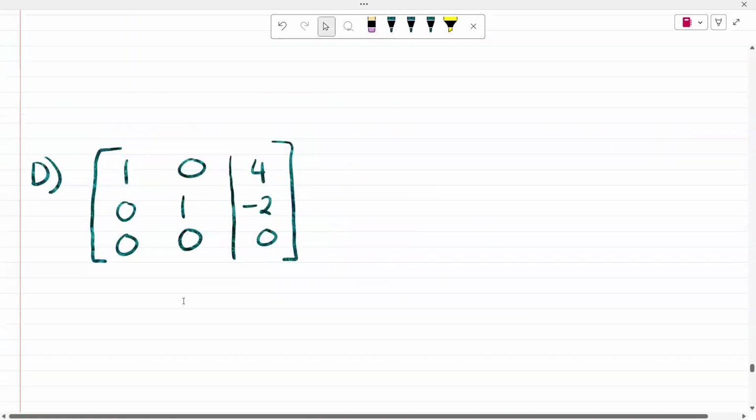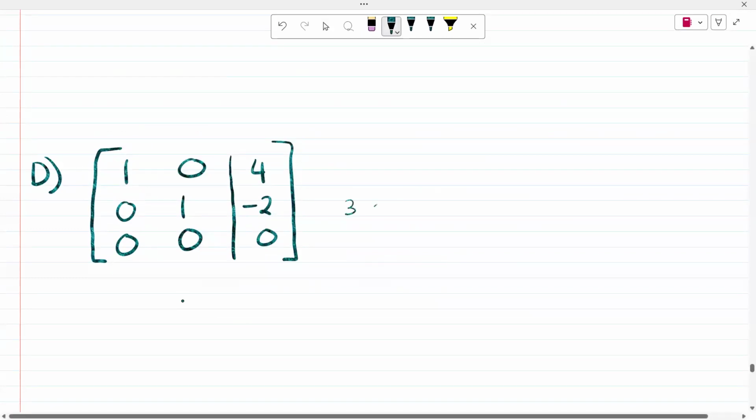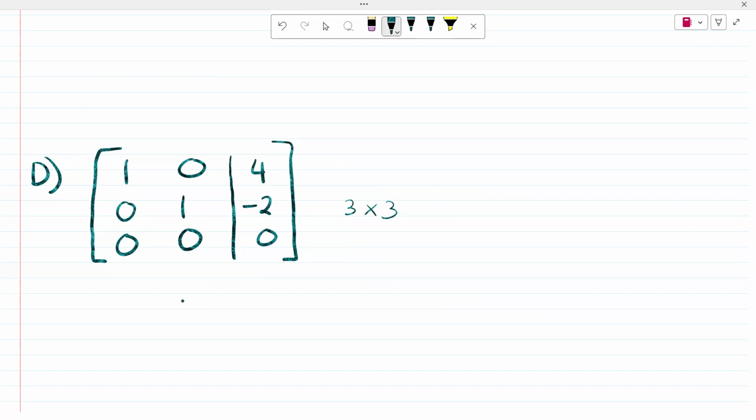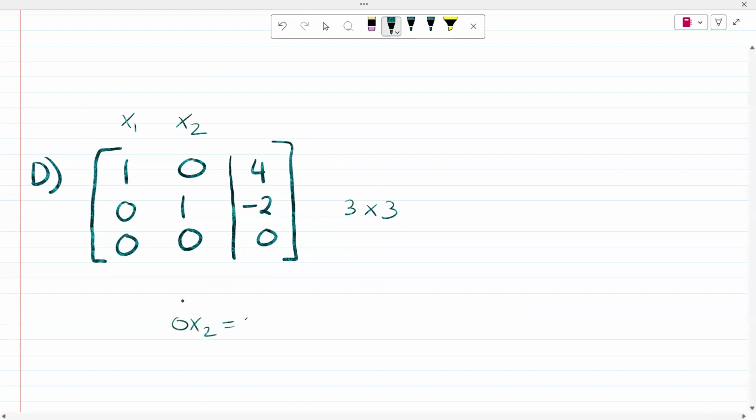Okay, let's look at D. This is a 3 by 3. And yeah, look at this last row. So this is column x1, this is column x2. So this is like saying 0x2 equals 0. It's a true statement. 0 does equal 0.